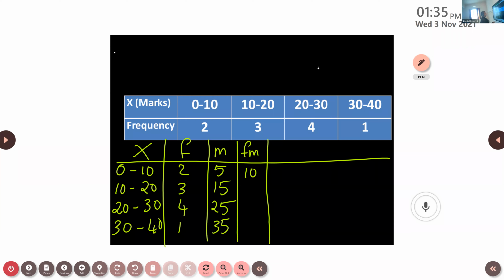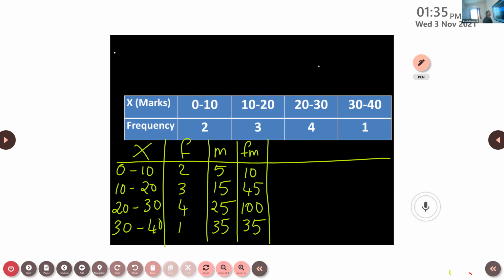Pranav? 45. Abhilash? Next one. 100. And Abhiram, last one. 35. Okay. Now what you should do? You should add all these. So you will be getting sigma FM.